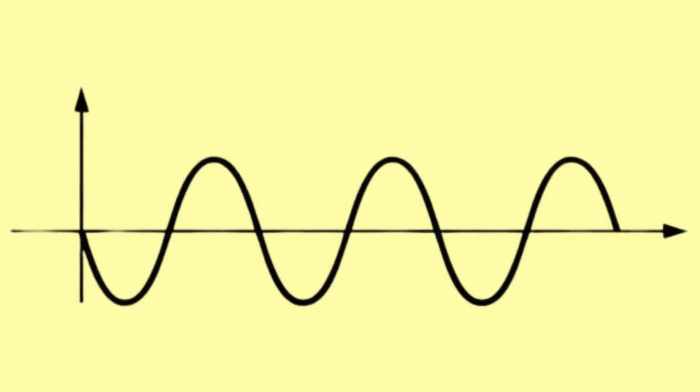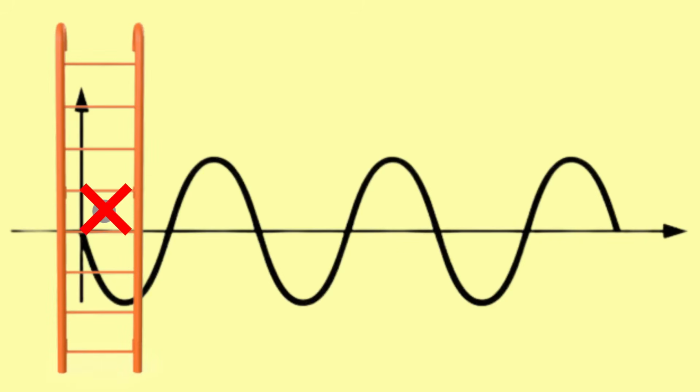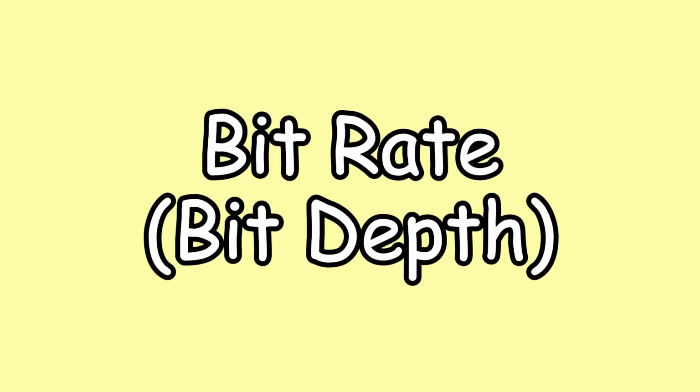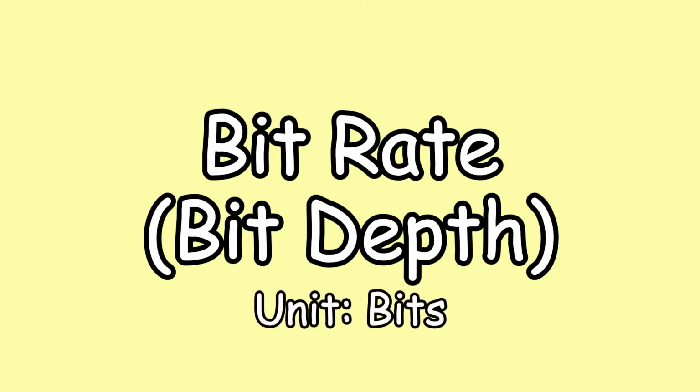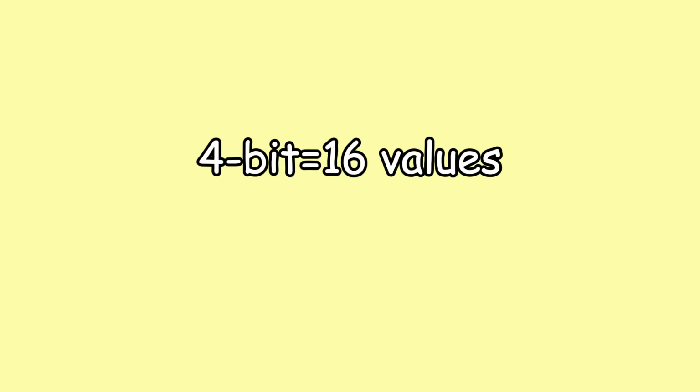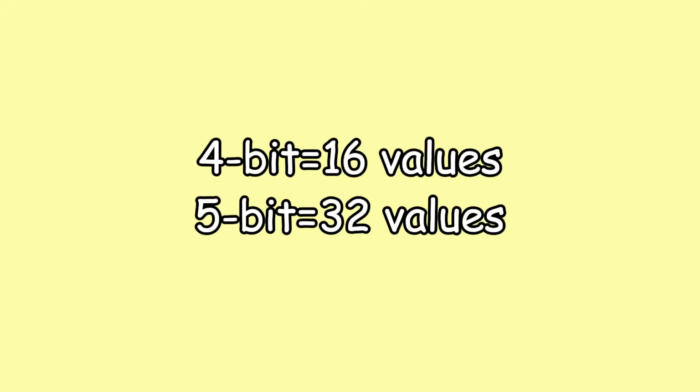Now, to sample the wave, imagine the sample needs to be on a step of a ladder, not in between. It needs to choose one step. The amount of steps the ladder has is called the bit rate, or bit depth. The bit rate is measured in bits. The amount of possible values is 2 to the power of how many bits. For example, 4 bits is 16 values, 5 bits is 32, and so on.